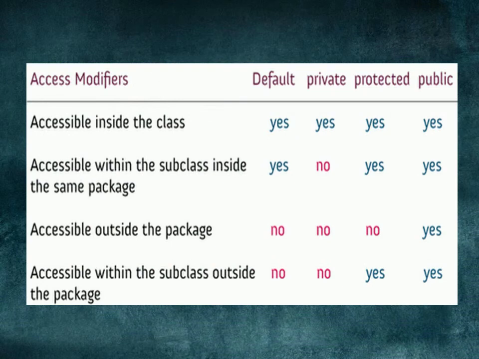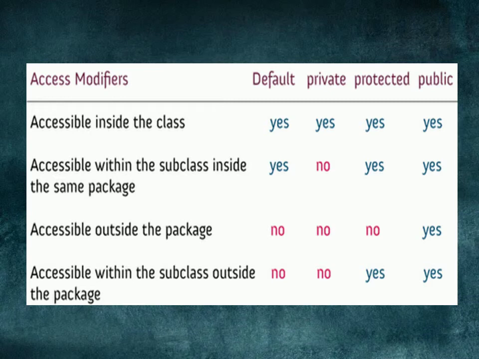Here is an easy view so that you can easily understand the access modifiers. Accessible inside the class: whatever the modifier may be, you can easily access it. If you want to access within the subclass inside the same package, all the modifiers can be accessed except the private modifier.